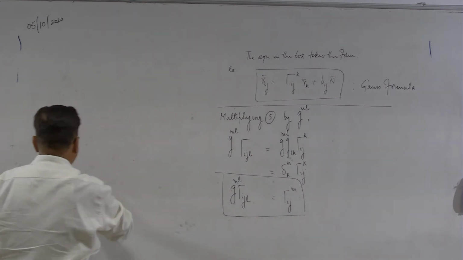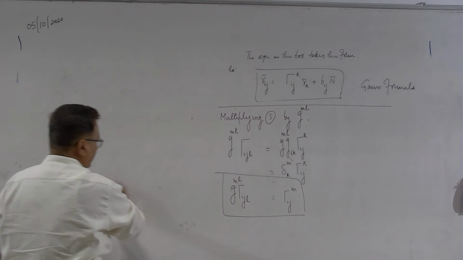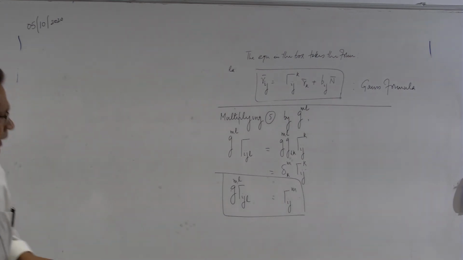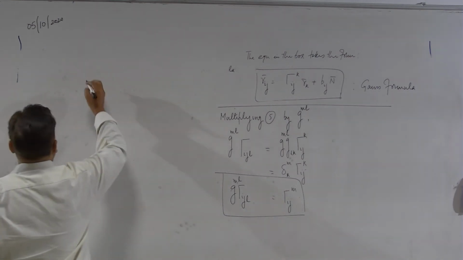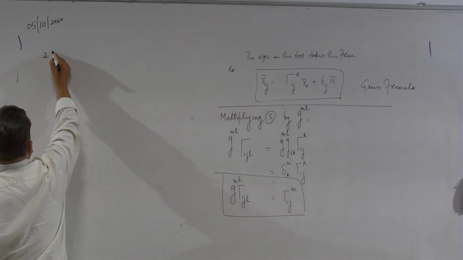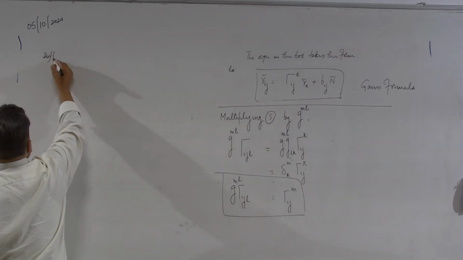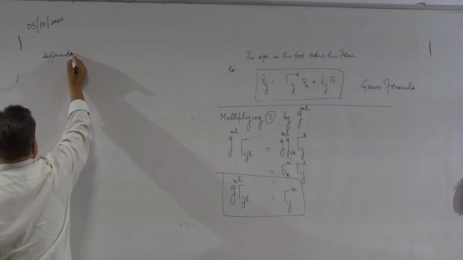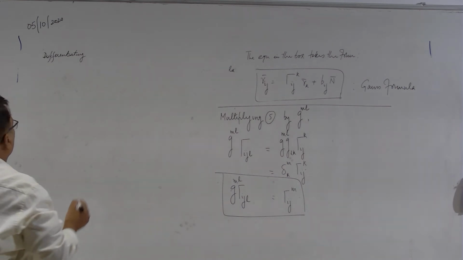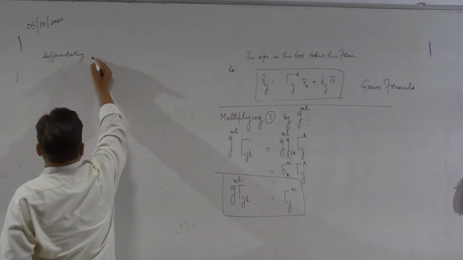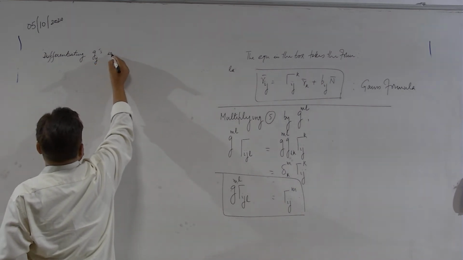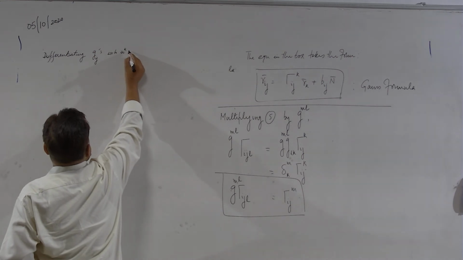So, to find a formula of Christoffel symbol of second kind in terms of the derivative of g_ij, I will differentiate g_ij with respect to u_k. Okay.